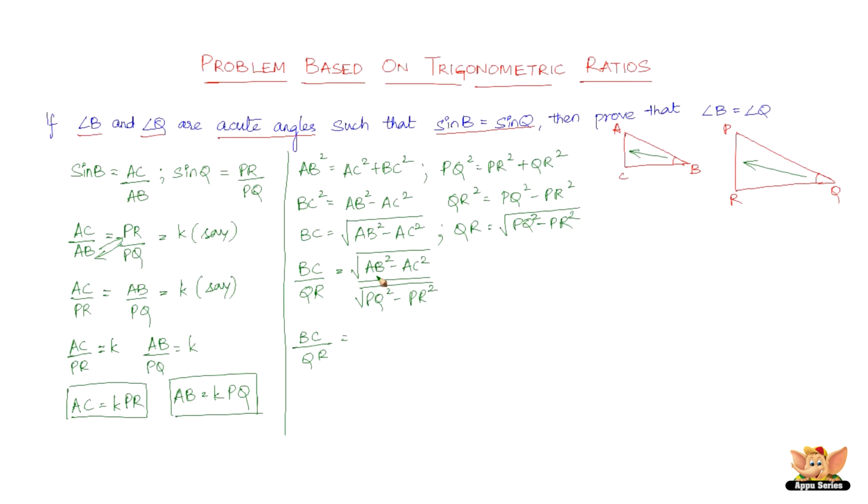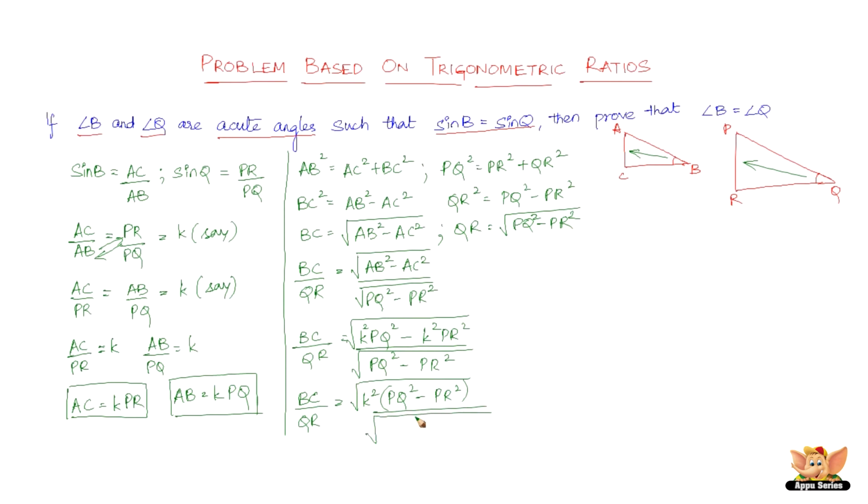In the place of AB, I'm going to write K PQ, that is K square PQ square minus K square PR square, that is inside the roots, and we've got PQ square minus PR square. So now BC by QR equals, taking K square common, we get K square into PQ square minus PR square divided by root of PQ square minus PR square.